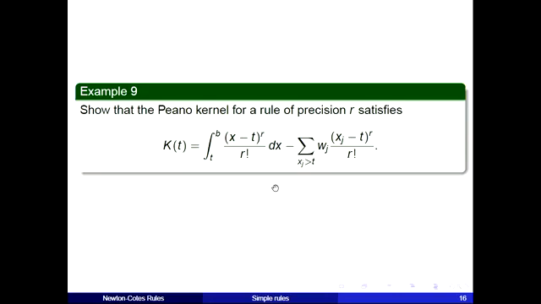If t is here, then there is no quadrature point bigger than t, because we have only one quadrature point, a plus b over 2, and t is bigger than that. So no quadrature point satisfies this condition.